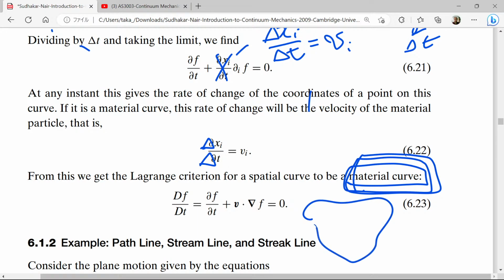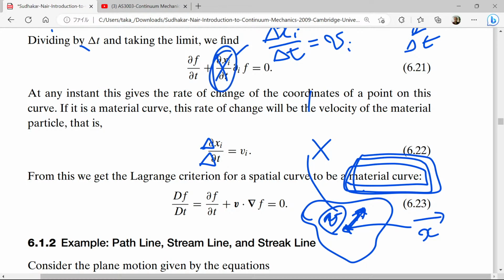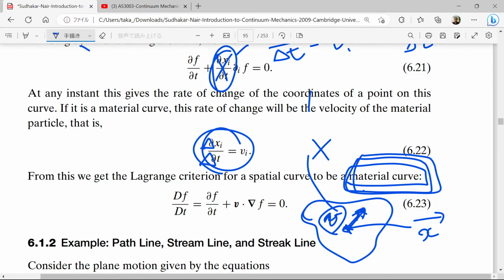If you have some material, then you have a spatial point, which is x, and this point moves to another place with velocity v, and this velocity is the velocity for particle x. So this particle actually moves to another point. That's the velocity. So I think this is clear.